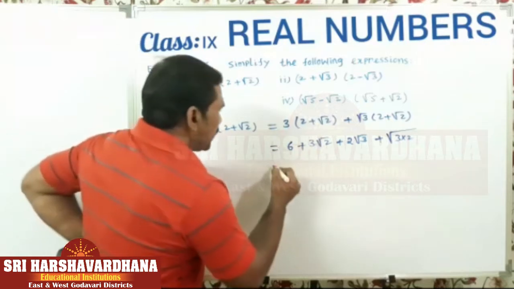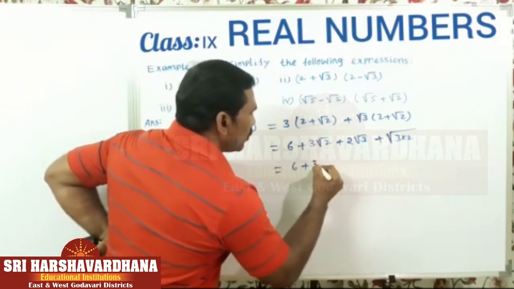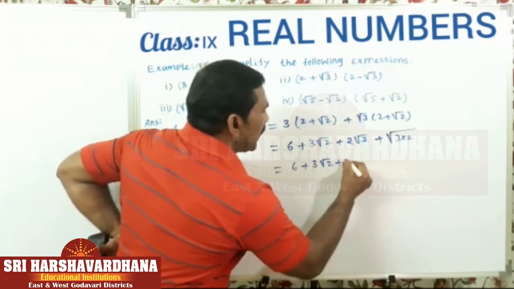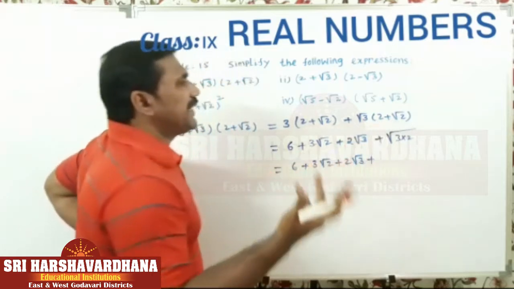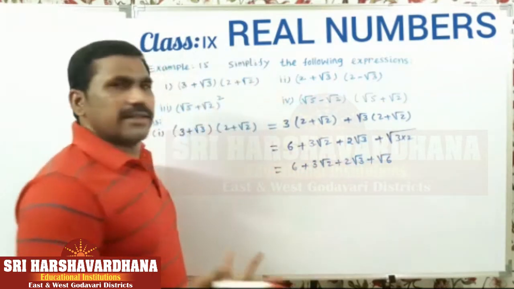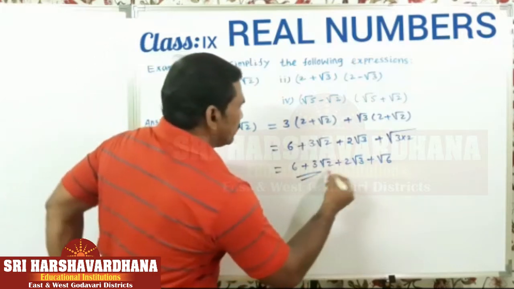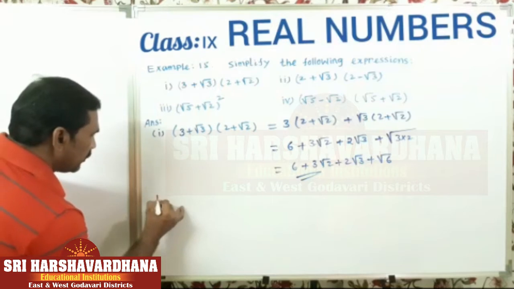Okay, right. See here, 6 plus 3 root 2 plus 2 root 3 plus root of 3 into 2 equal to how much? Root 6. That's it, enough. Okay, right.